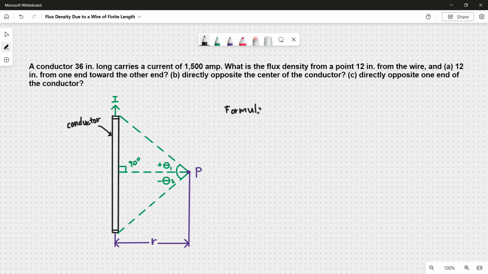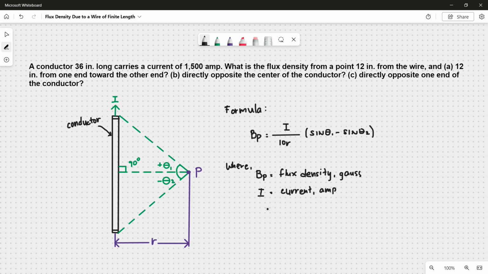For this problem, we are going to use the formula flux density is equal to I over 10 times R multiplied by sine theta 1 minus sine theta 2, where BP is equal to flux density in Gauss, I is current in amps, and R is the perpendicular distance between point P and the conductor in centimeters.